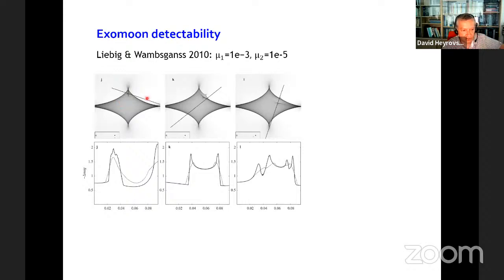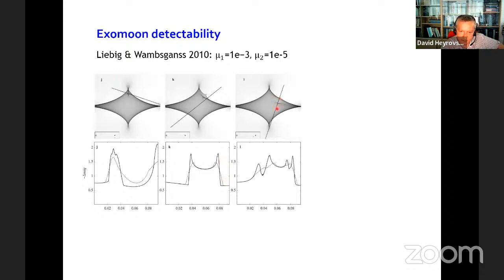If you have a light curve where the source passes just behind this, this is the shape of the light curve you would see. Similar things are plotted here. Here you have this as the feature due to the moon, and here you have this as the feature due to the moon. In the light curves, the moon feature causes this peak here, which wouldn't be there if you didn't have the moon. In this case, the feature is fairly weaker, and really the feature is just a different shape of this peak. So this is not so great for detectability.